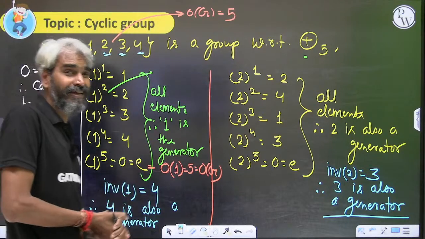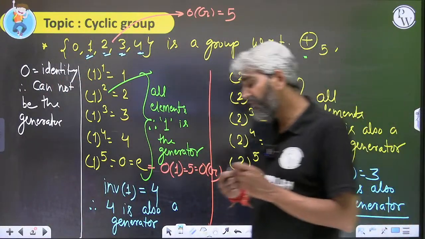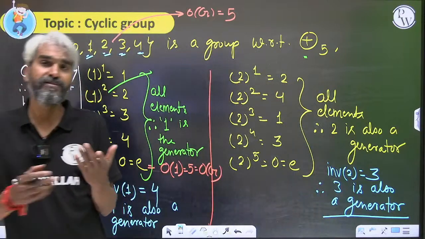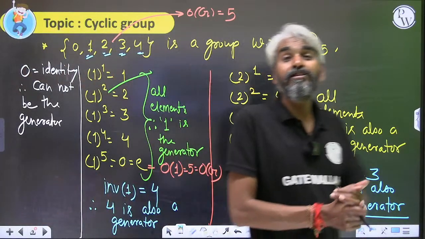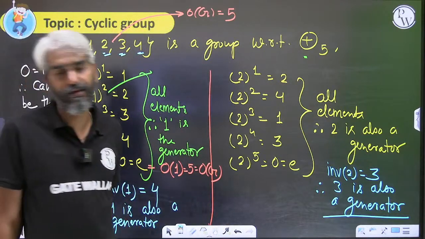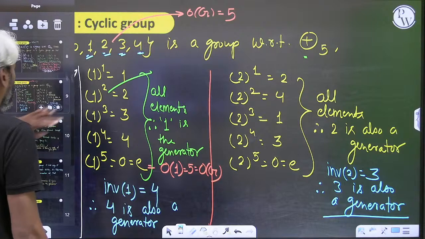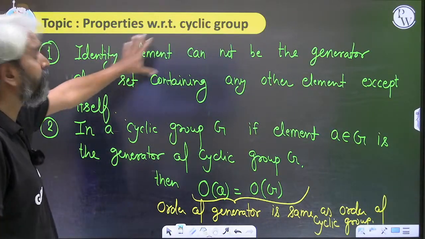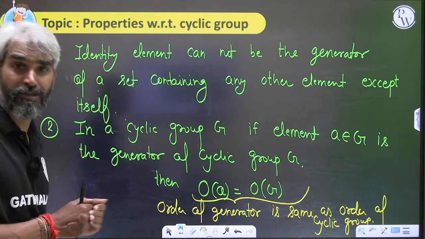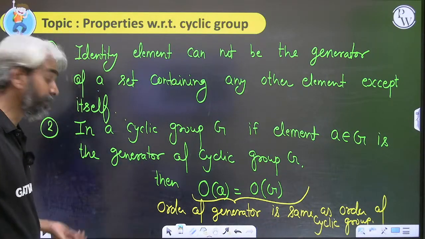Now the question arises that, sir, if the group is a cyclic group, how many generators will exist for that particular cyclic group? Okay, so that's the next note which we are going to write. Please, I hope it's clear to everybody that the identity element will not be able to generate any other element except itself. Therefore, it cannot be the generator of a group containing any other element.